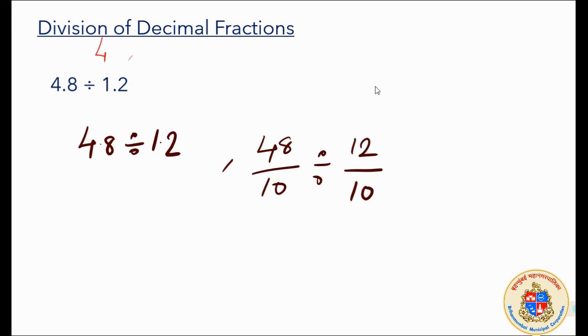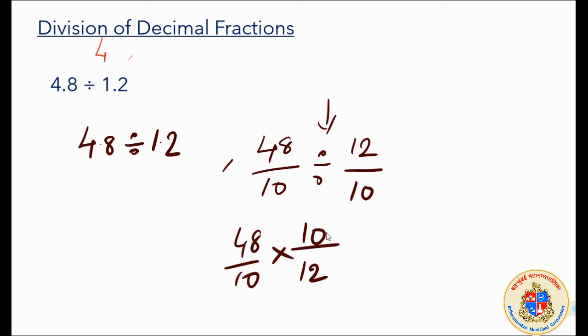Once if we convert a decimal fraction into common fraction, this division means you can multiply with multiplicative inverse. ये आपने पढ़ा है. So first fraction will remain like this. Division will become multiplication. The multiplicative inverse of 12 upon 10 is 10 upon 12. Understood?